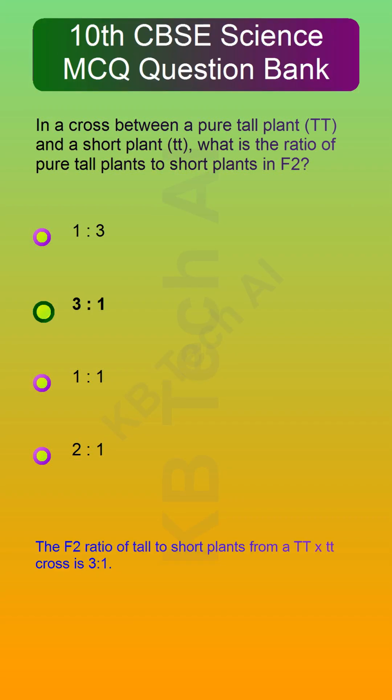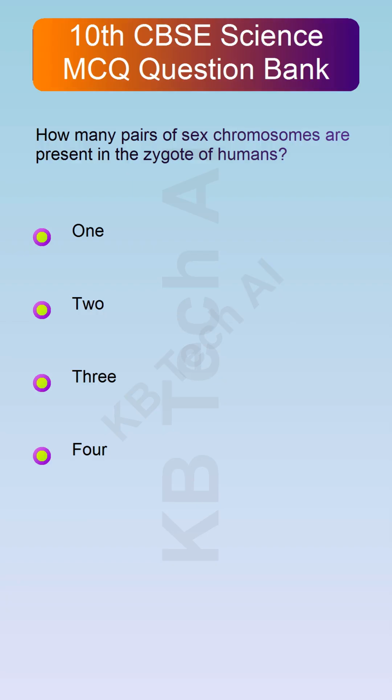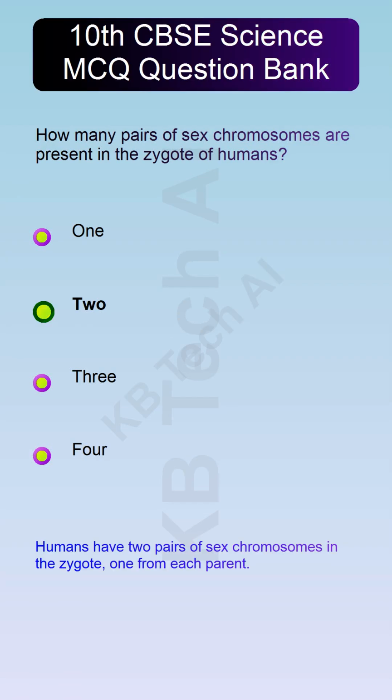The answer is, Option 2, 3:1. How many pairs of sex chromosomes are present in the zygote of humans? Option 1, 1, Option 2, 2, Option 3, 3, Option 4, 4. The answer is, Option 2, 2.